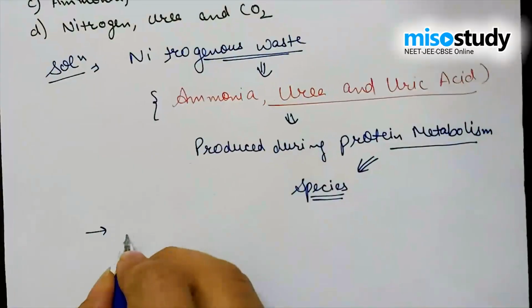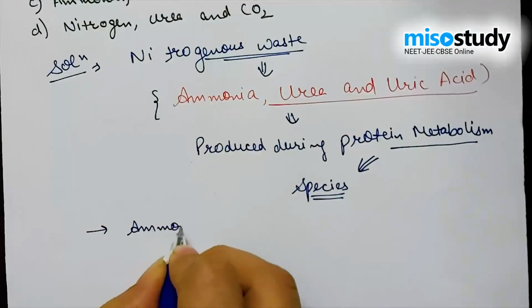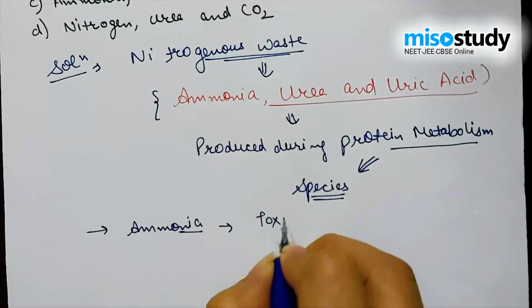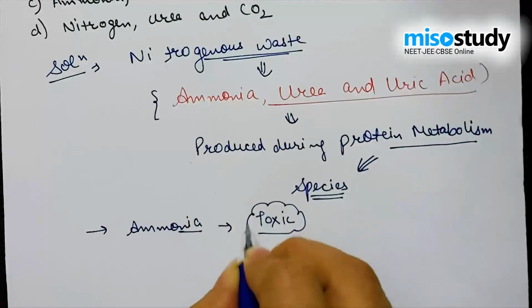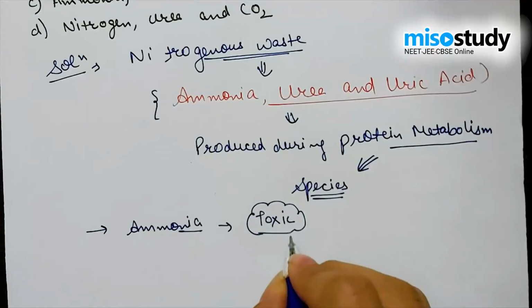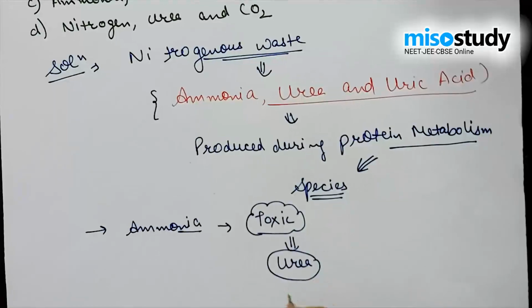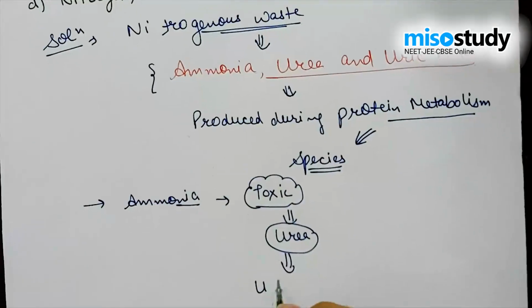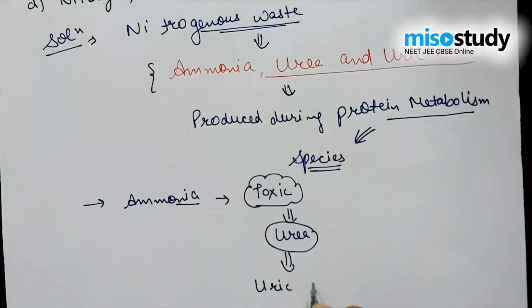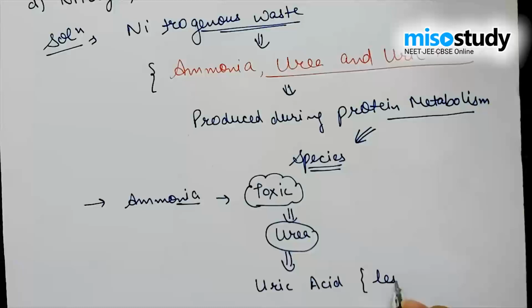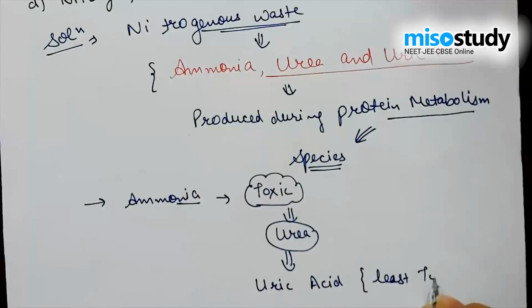In detail, ammonia is the most toxic, followed by urea, and the least toxic is uric acid.